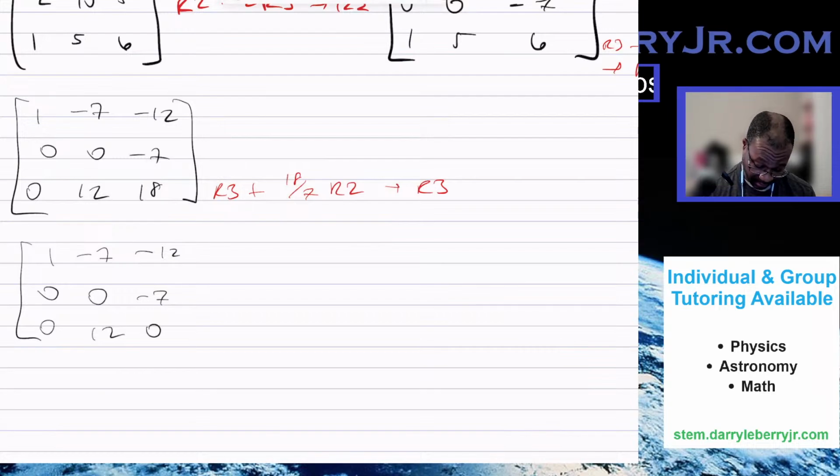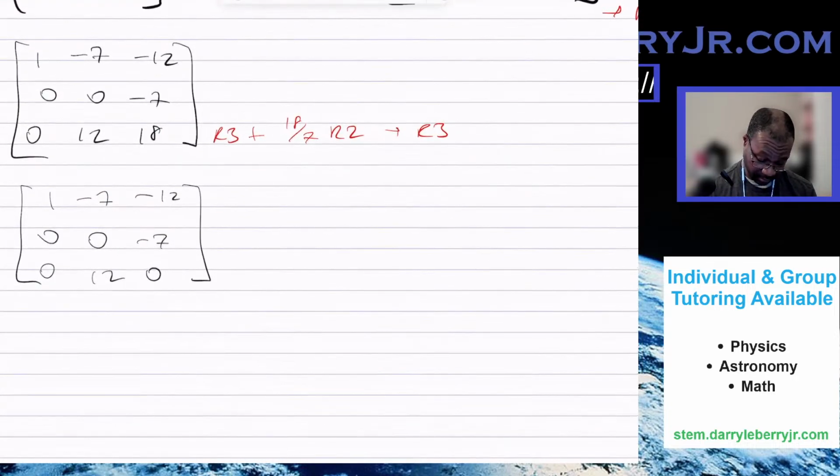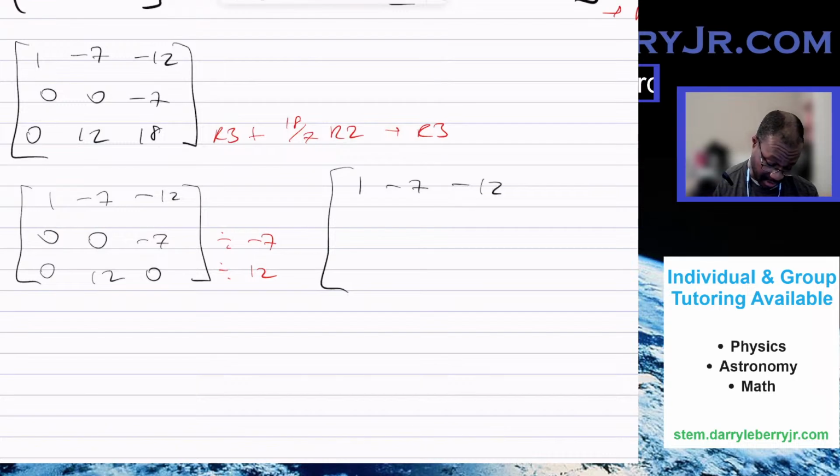So that's 0. And now I can divide by 12, divide by negative 7. So that will give me 1, negative 7, negative 12. And I'll also move these rows around. So then that'll be 0, 1, 0, and 0, 0, 1. Okay.